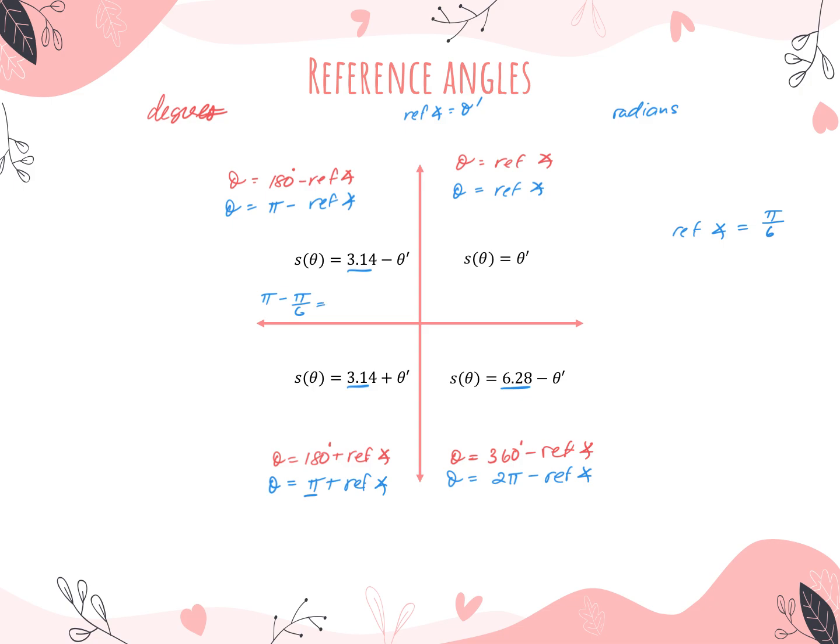Now when I do the math, I can convert pi to 6 pi over 6 minus pi over 6, and so I know it's 5 pi over 6. So I have to turn pi, or 2 pi, into something with a denominator that matches the denominator in the reference angle. So let's go to the next slide.